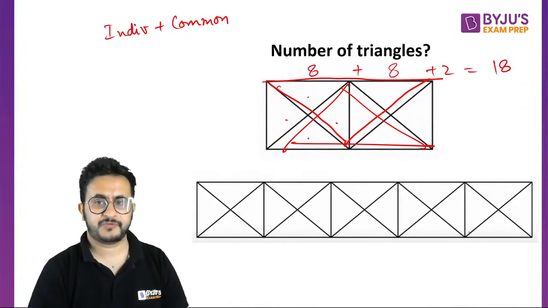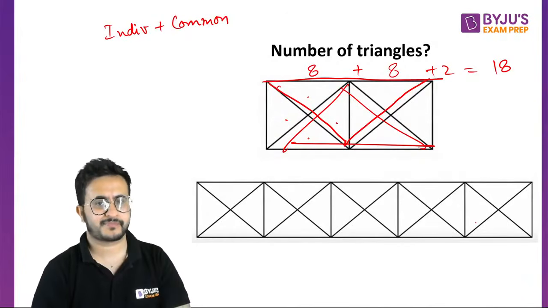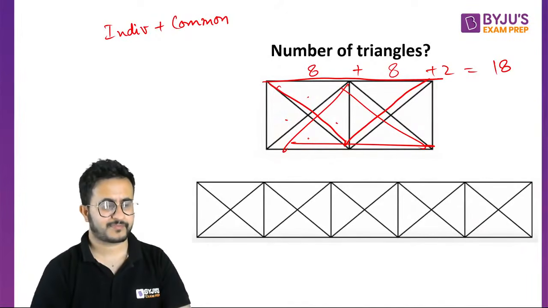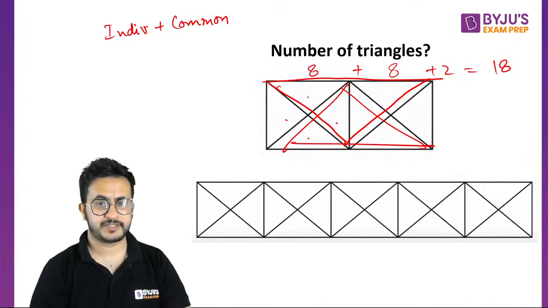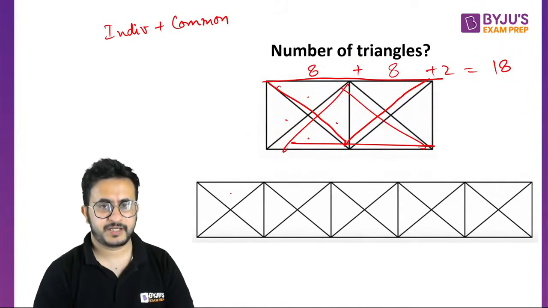Now, what will be the number of triangles in this scenario? How many triangles are there in the second scenario? So if we see like 8, right?